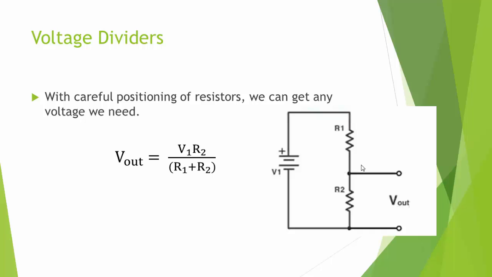And if you notice, this expression for the voltage we can get out of our system is really just our expression for percent of the voltage taken up. So our output voltage will be proportional to our input voltage, or system voltage, times R2 divided by R1 plus R2.